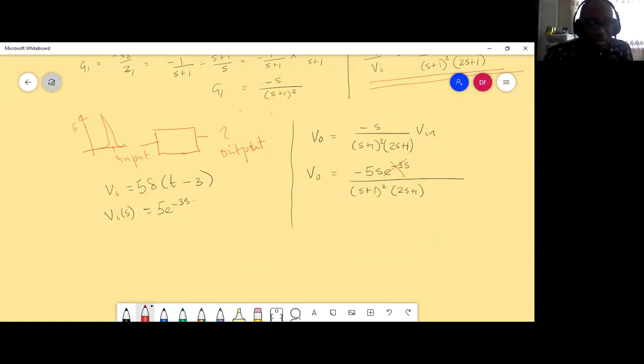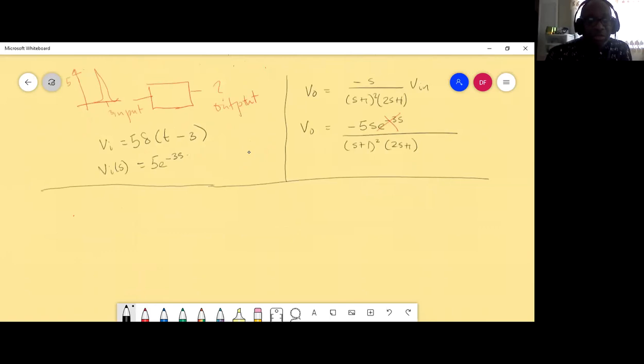So we are going to do a partial fraction expansion on minus 5s over S plus 1 squared times 2S plus 1. The exponential is still there, but we are going to ignore it for the first part of our calculation, and then stick it back in at the end.